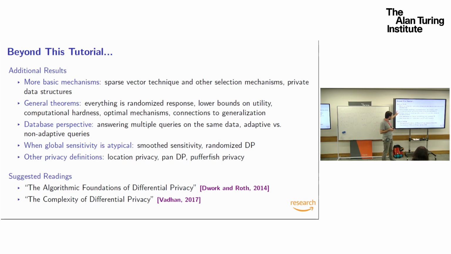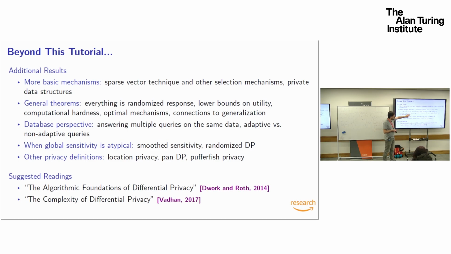So there's quite a lot of research into how you can beat this advanced composition, and even beat what the composition in concentrated differential privacy gives you, when you're focusing on particular families of queries. So that falls into this category.